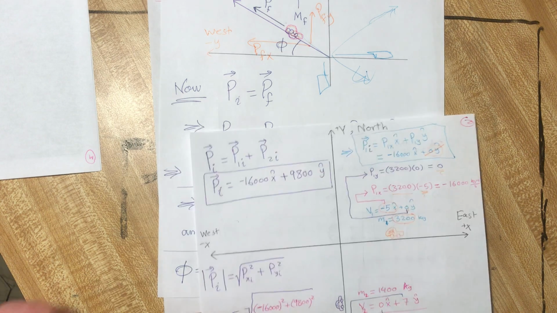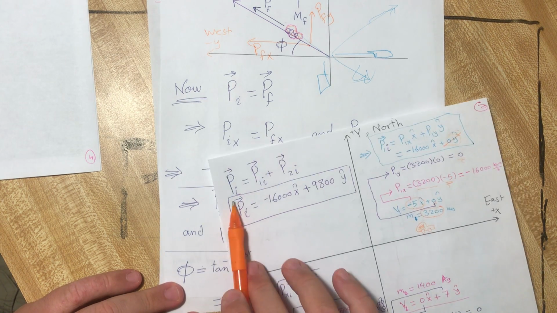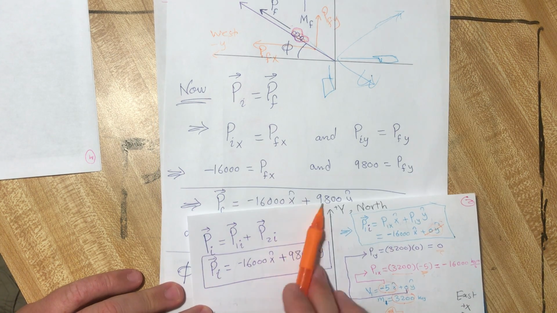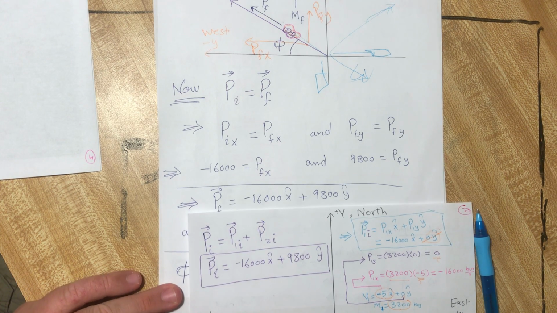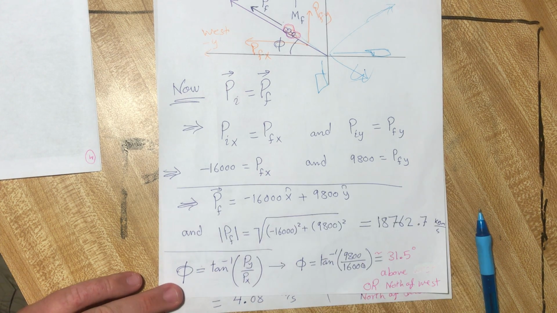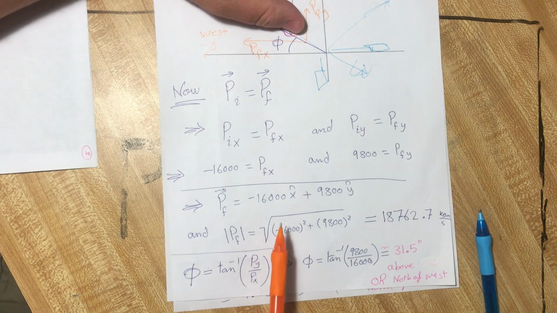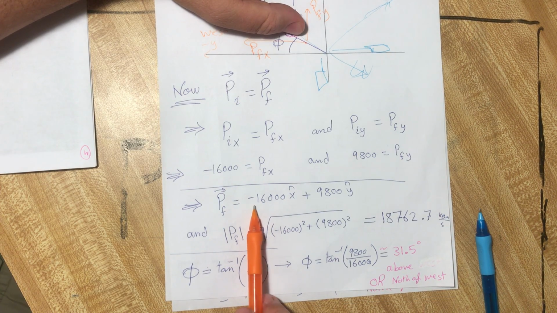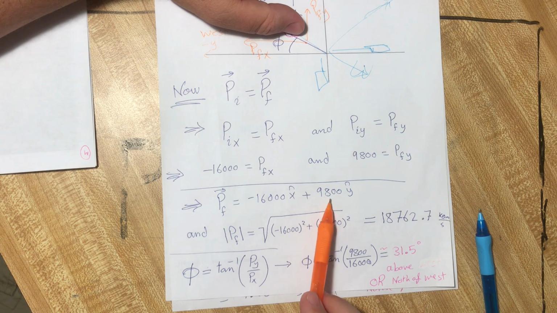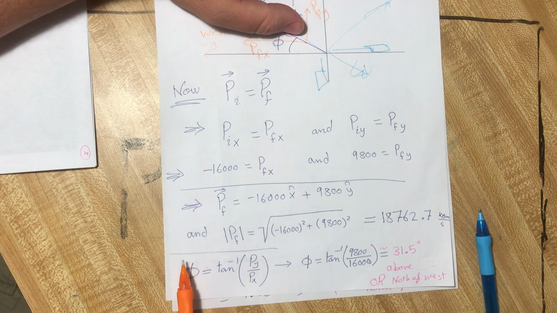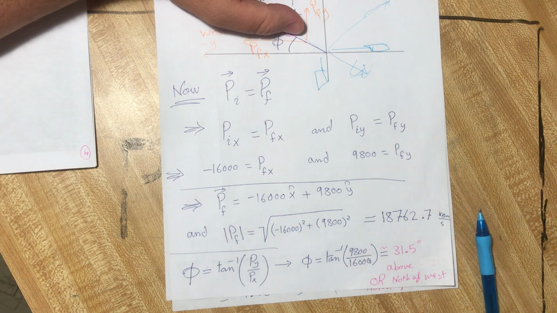So P finally. Now we move from P initially to P finally. It is the same vector, the same momentum, because it is conserved. P final is equal to negative 16,000 x hat plus 9,800 y hat. And the magnitude is the same magnitude here.